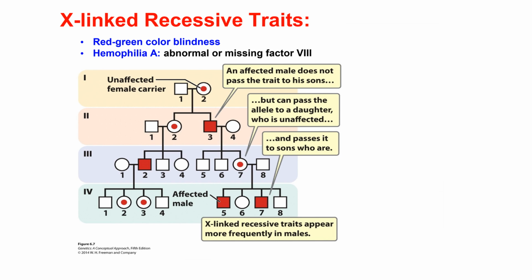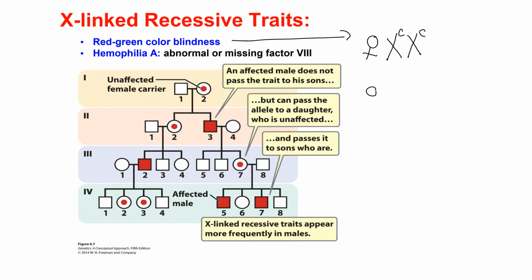And you recall when we discussed sex-linked characteristics and particularly X-linked characteristics, you saw that a woman has to inherit two mutated alleles in order to manifest disease. Let's look at color blindness. A female has to have both X chromosomes carrying the mutated allele in order to show color blindness.